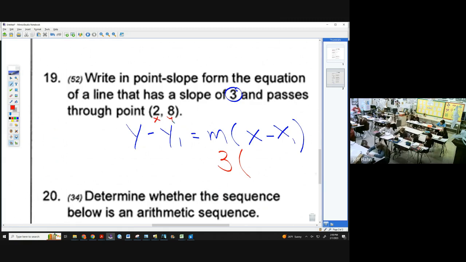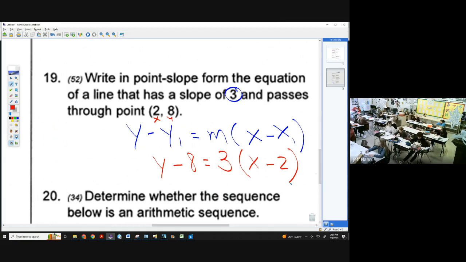You just put this in: y minus 8 equals 3 times x minus 2. And that's it. That's the whole answer. All you need is this, and you put slope in for the letter m, this in for x, that in for y, and everybody's happy.